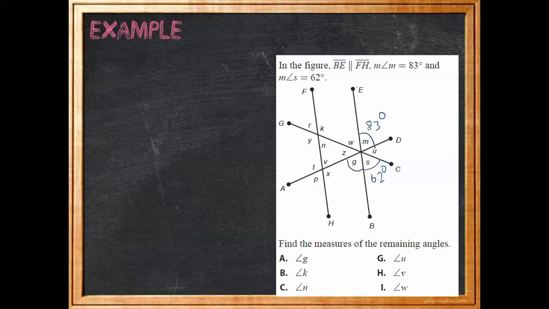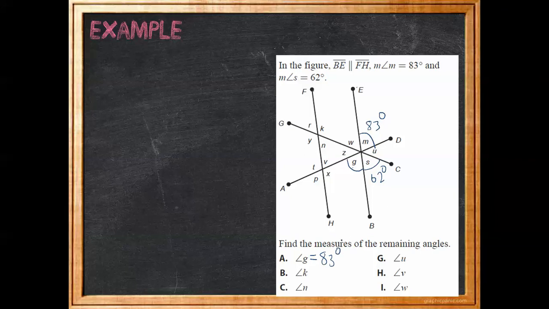This one doesn't even have anything to do with the parallel lines. All we have to know is that it's a vertical angle with angle M. A vertical angle is the same, they're congruent. So angle G is going to be 83 degrees.